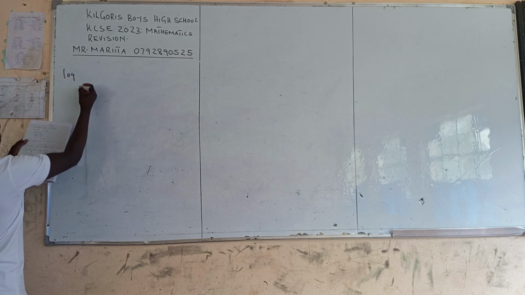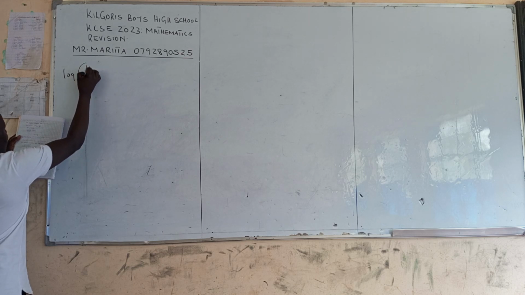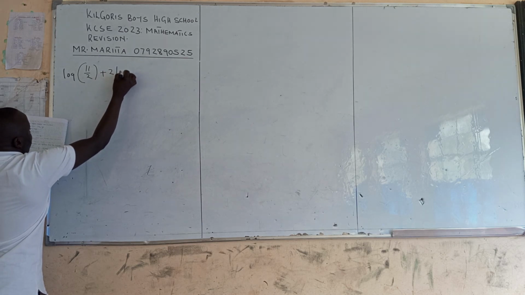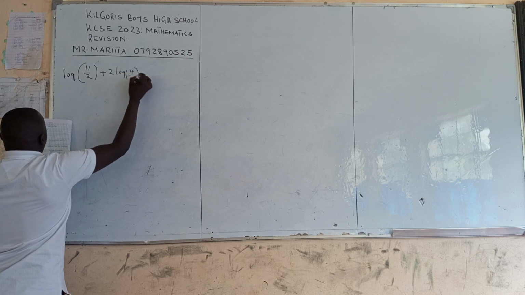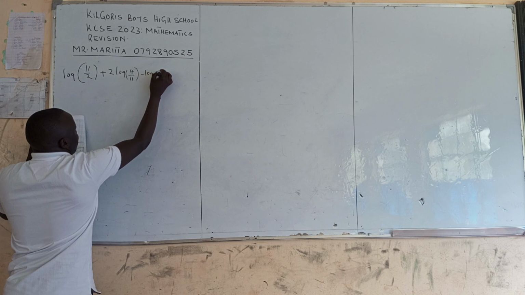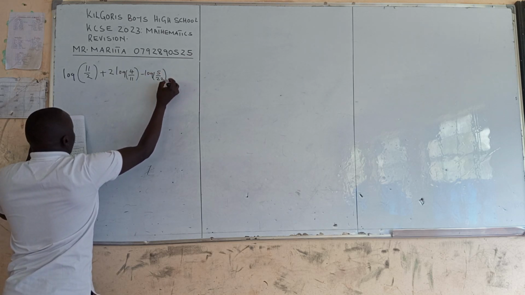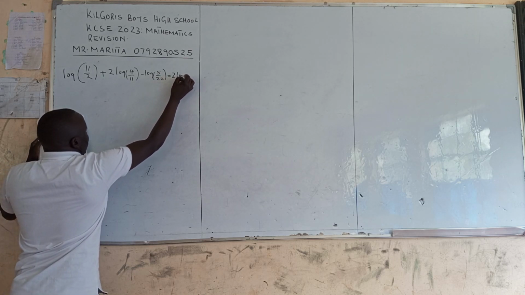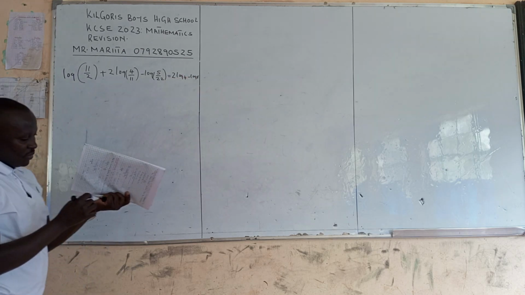log 11 over 2 plus 2 log 4 over 11 minus log 5 over 22 is equivalent to 2 log 4 minus log x.